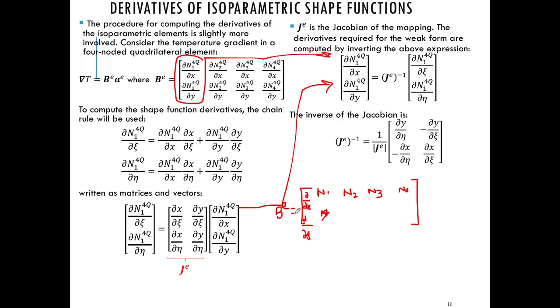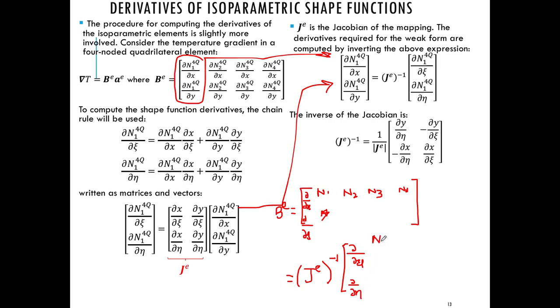So how do we find it? Using this expression that we just came up with. So clearly the first column is given right here. That consists of the Jacobian inverse multiplied by del by del psi and del by del eta of what?